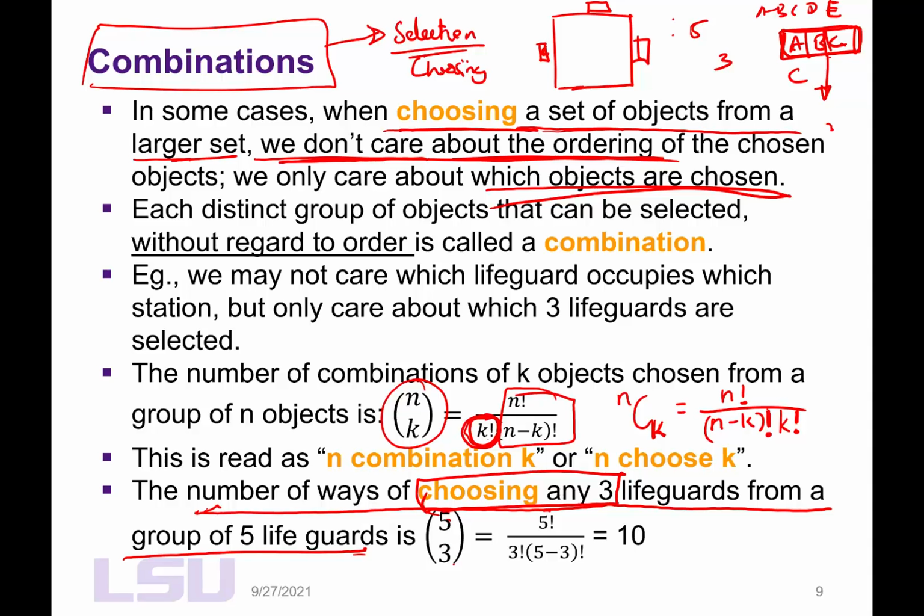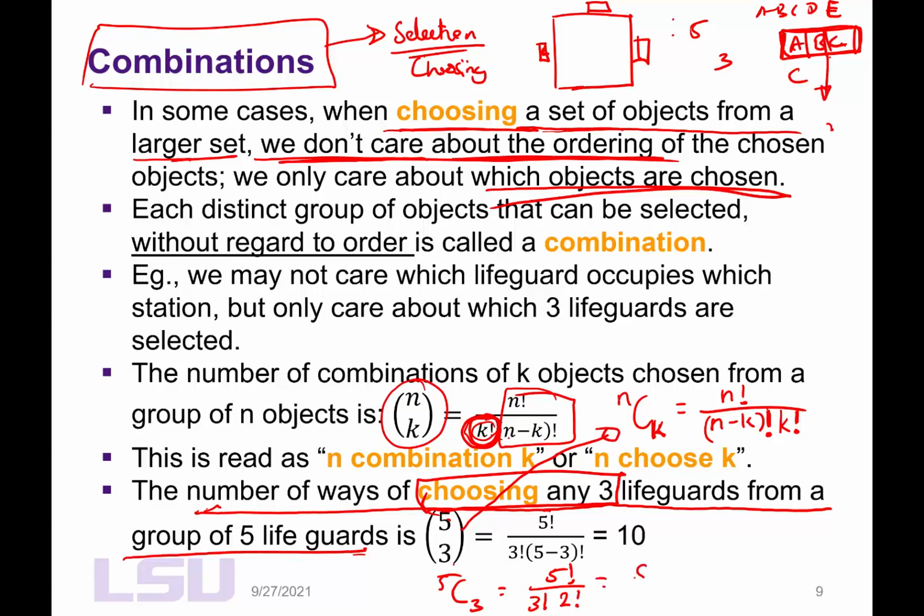They all mean the same thing. And you can write it in this form. So you could have written it as 5 combination 3, and it's total number of lifeguards available, 5 factorial. How many are you choosing? 3 factorial, and then n minus k, which is 5 minus 3, which is 2 factorial.